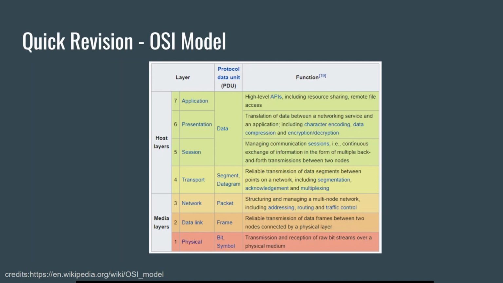And then we have the application layer, where it does resource sharing, remote file access, and things like that. This is where protocols such as SMTP come into play.